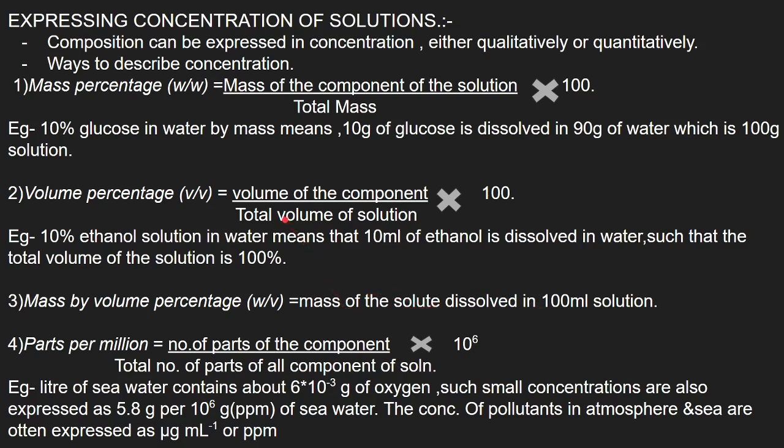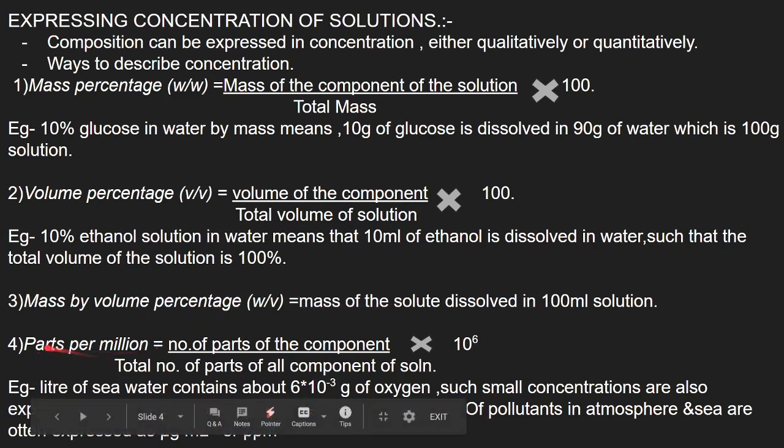So we are dissolving a mass, whatever weight it is, 10 gram, 20 gram, in 100 ml of solution. Like I'm dissolving 10 gram of glucose in 100 ml of solution. Earlier it was 10 gram dissolved in 90 gram, and then it was 10 ml, but here we are combining: for example, I'm dissolving 10 gram of salt in 100 ml of solution.